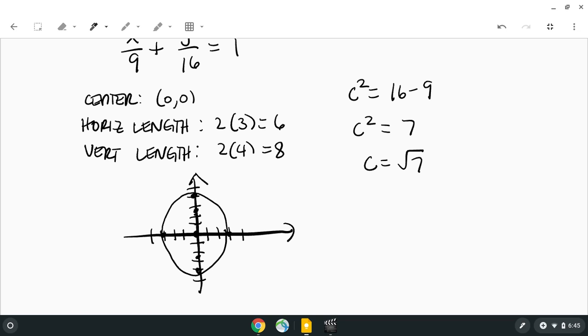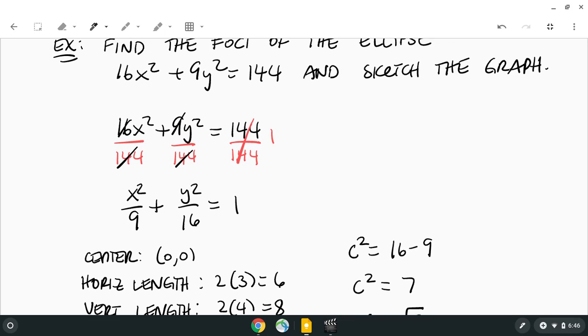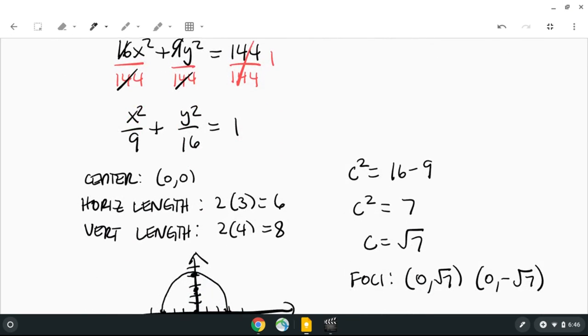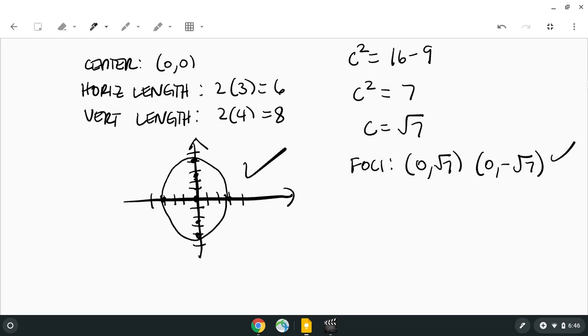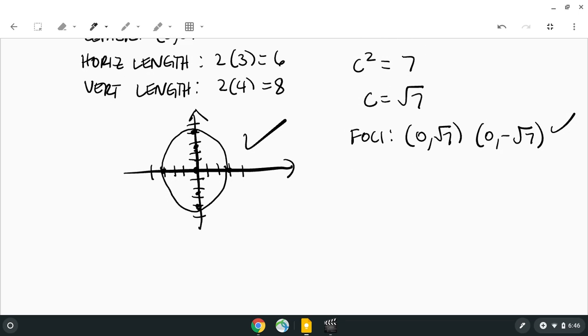So my foci are going to be at 0, square root 7 and 0, negative square root 7. Was I supposed to find anything else? No, find the foci and sketch it. Found the foci and we sketched it. Let's take a look at another one.